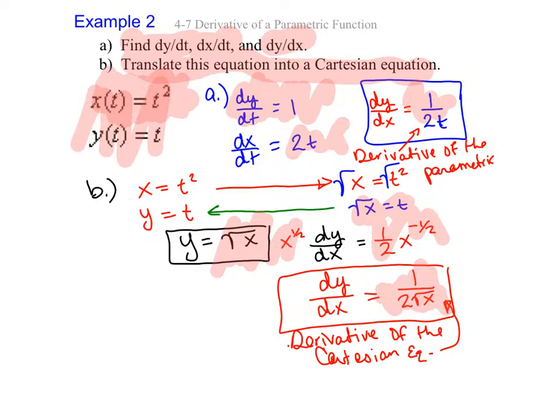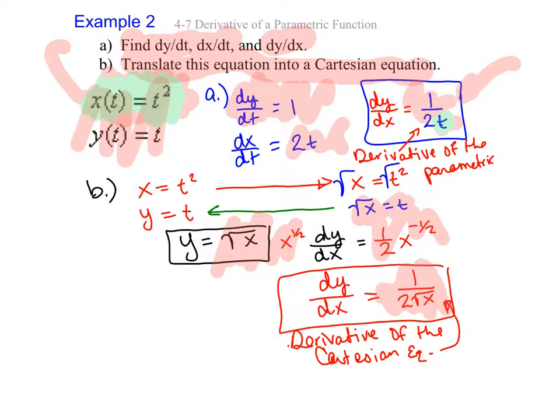We did get the same thing because, look at that. If you took this equation and solved for t, then you would end up with square root of x. And if you plugged that in here, you would have gotten the exact same equation.